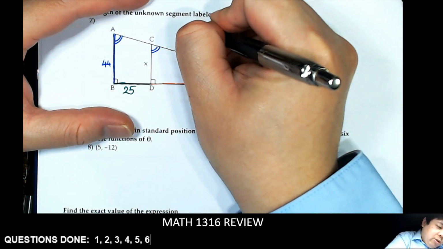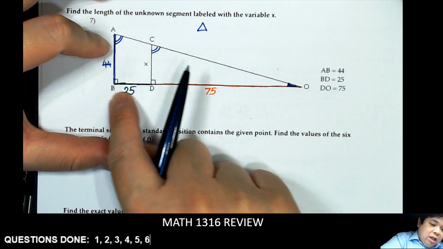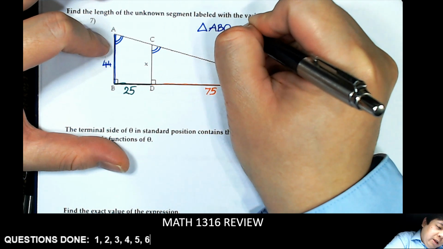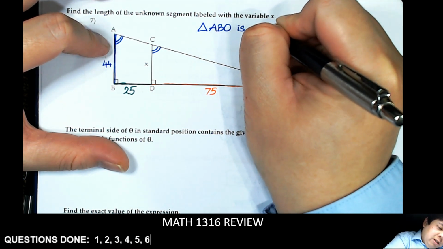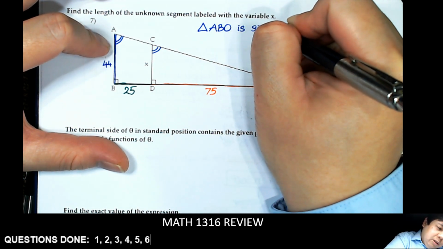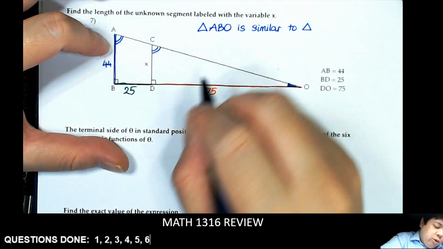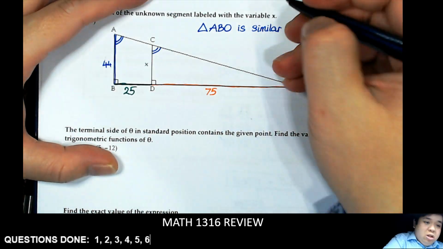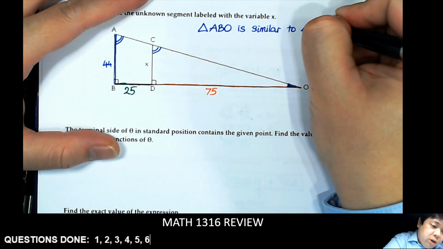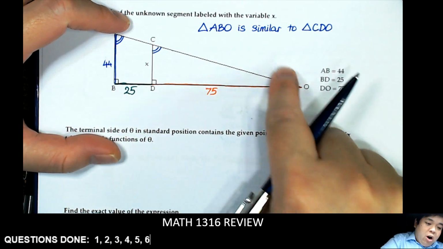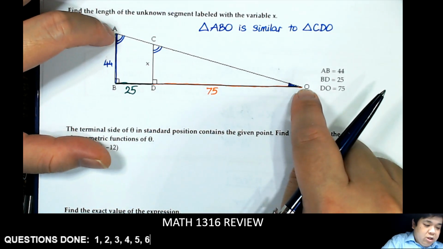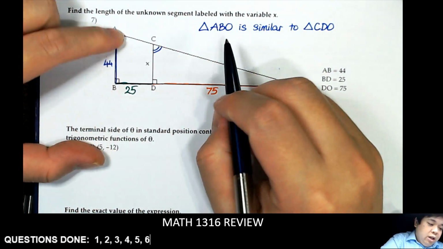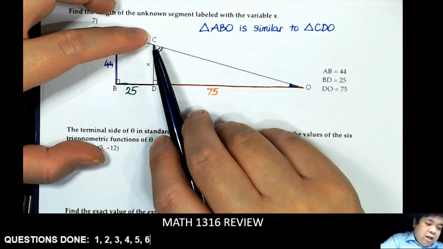We say triangle ABO is similar to triangle CDO. Notice the corresponding is extremely important. We end up with O in both cases, and we start with an acute angle, and then right, and then back to O. So A, B, O, and then C, D, O.